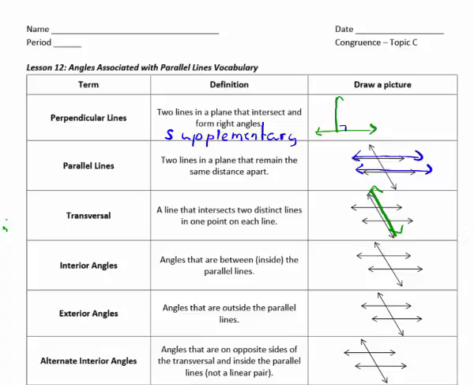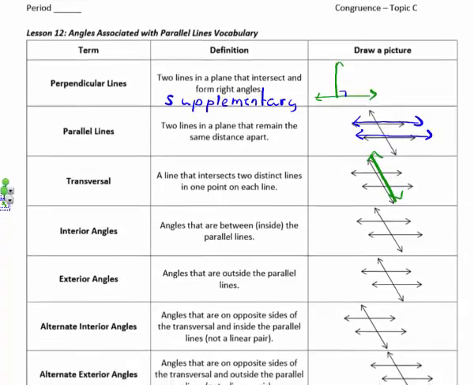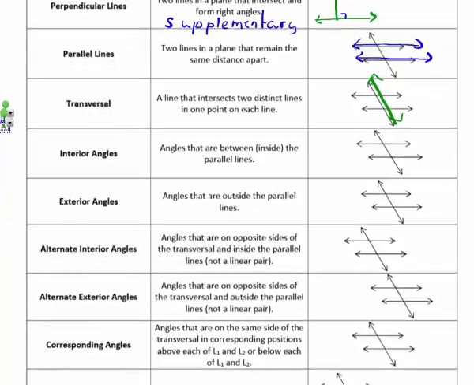Once we now have these parallel lines and this transversal, we form a lot of different angle pairs, okay? And our angle pairs, we're going to be using two different colors right now. So first one are interior angles. Interior angles mean that they are between the parallel lines, right? So here are my parallel lines, and I'm going to put little dots where my interior angles are.